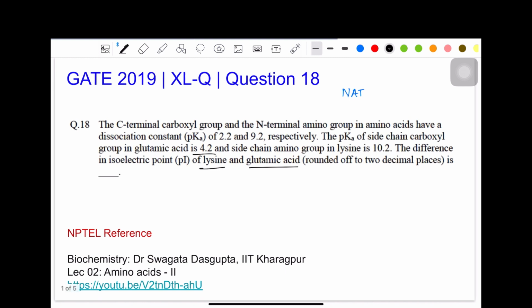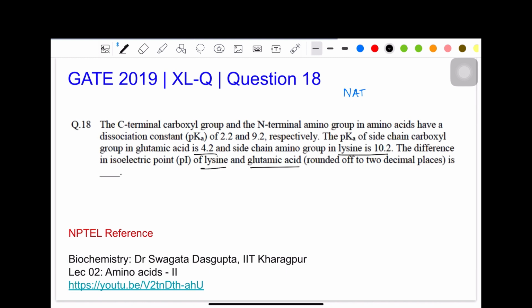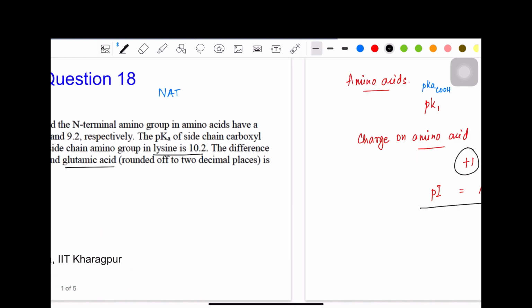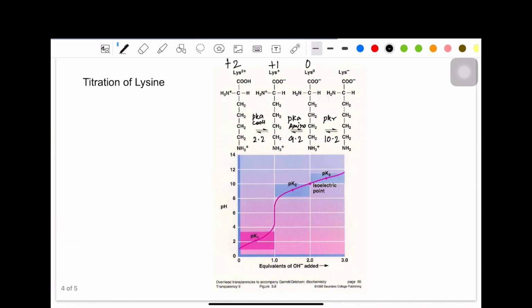Yes, the side chain amino group in lysine has a pKa value of 10.2. Right. So now, what is the net charge on this molecule? The net charge on this molecule is now -1.